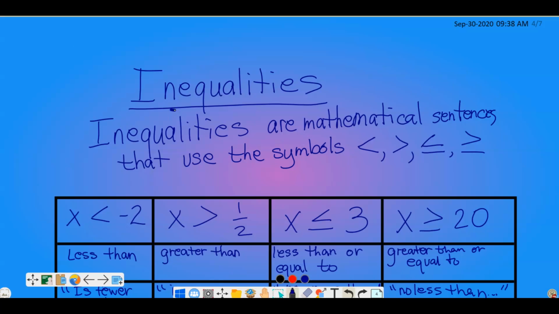Inequalities are mathematical sentences that use the symbols less than, greater than, less than or equal to, and greater than or equal to. This builds on the concept of equations, which are also mathematical sentences. The difference is that we use these four symbols listed here instead of an equal sign.